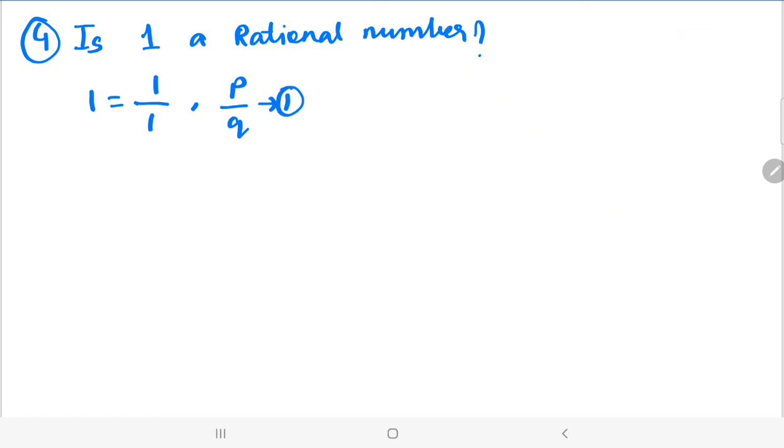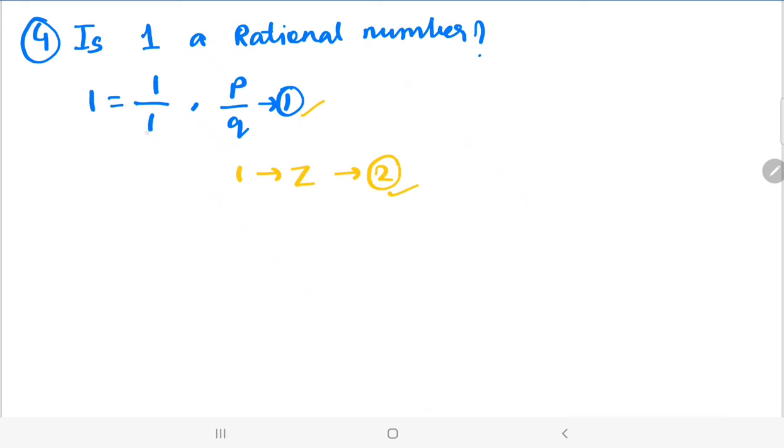I told you that 1 is also an integer. So both P and Q, that is 1 and 1, are integers. So the second rule is also obeyed.